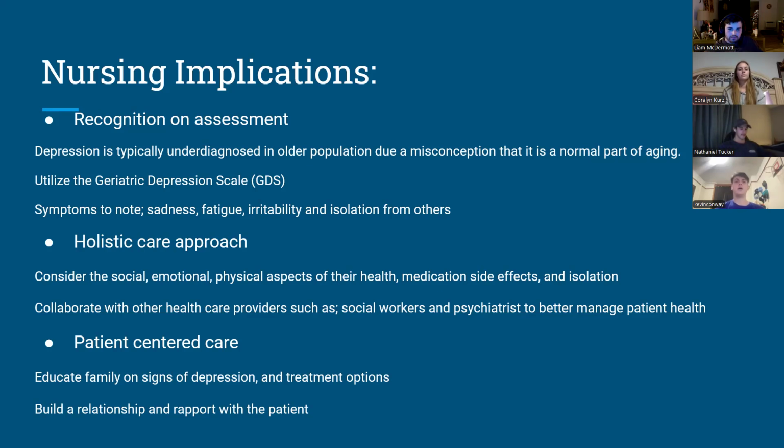Physical aspects of their health. So things like this are medication side effects. A lot of the time, geriatric patients do have a lot more medical issues, which leads to polypharm. So maybe there is some type of medication that is causing this depression. And especially isolation. We want to monitor for isolation.